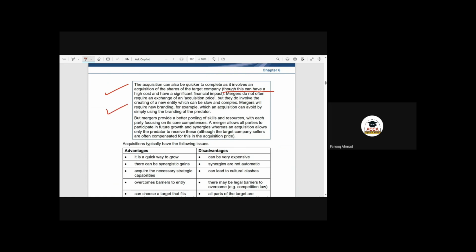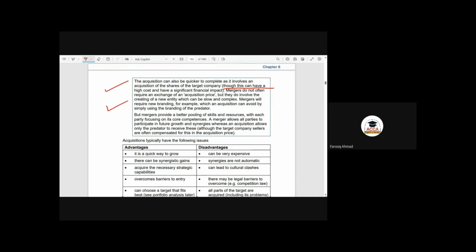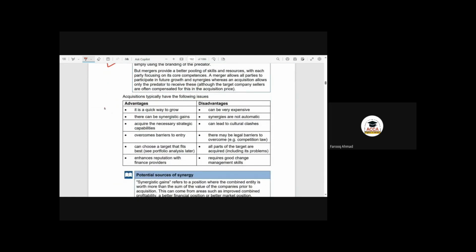So there are advantages and disadvantages of acquiring a company. It is a very quick way to grow. There can be synergy gains: both companies get together and have strong ties, acquire necessary strategic capabilities, overcome barriers to entry, can choose a target that is best for the company portfolio, and enhance reputation. Disadvantages: it is expensive.